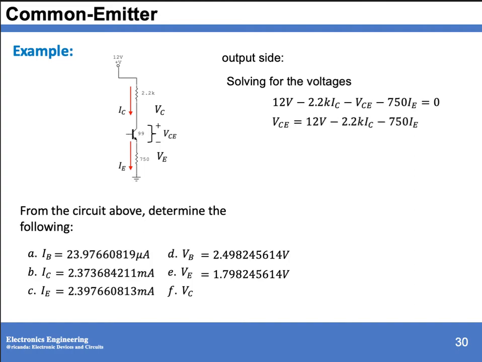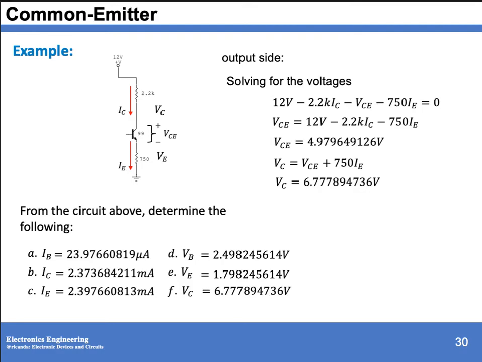So therefore, we can solve for your VCE since IC and IE are already determined. So your VCE is equivalent to 4.979649126 volts. And therefore, VC is equal to 6.77894736 volts.